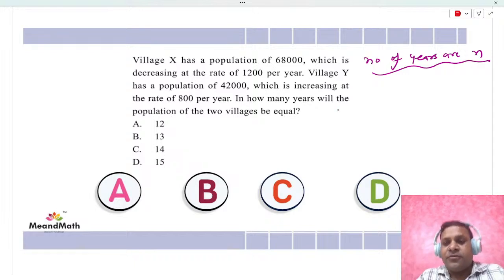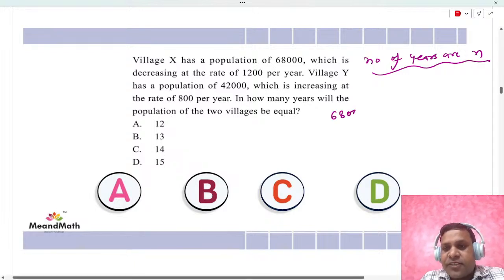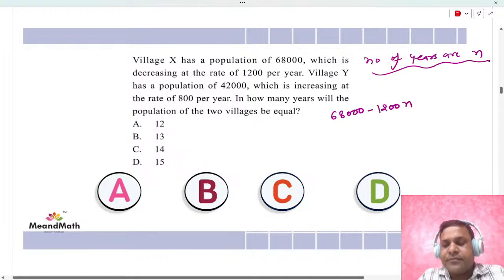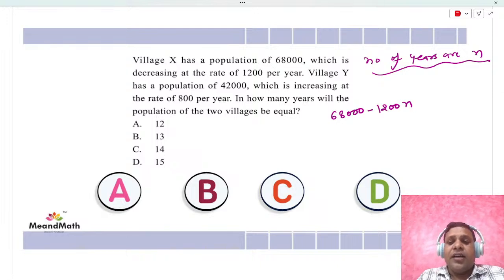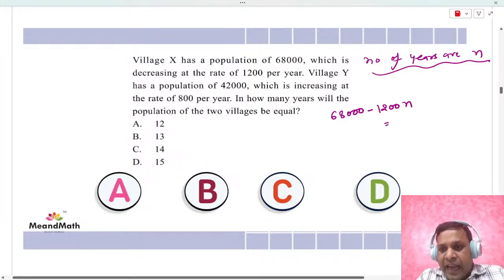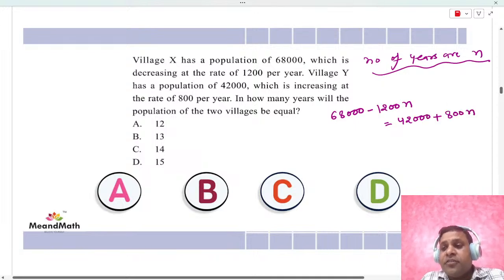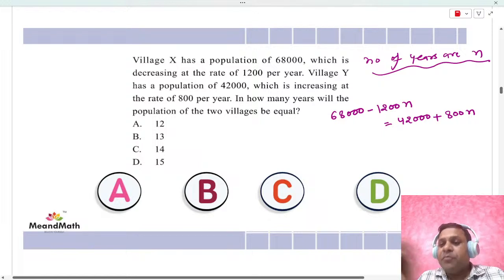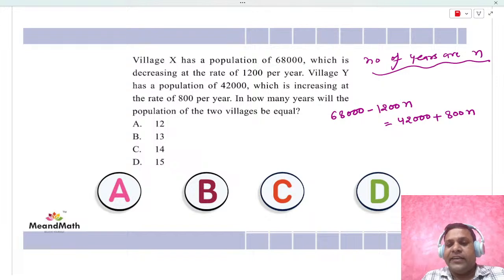So 68,000 minus 1200n is the population of village X after n years, and 42,000 plus 800n is the population of village Y after n years. Both should be equal, so we equate it. Now just solve.